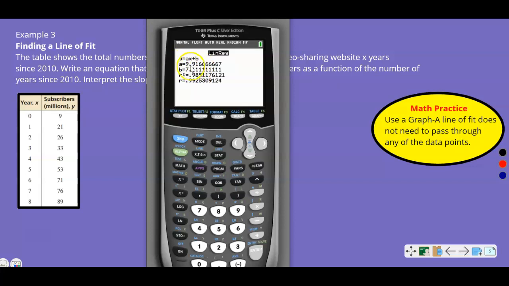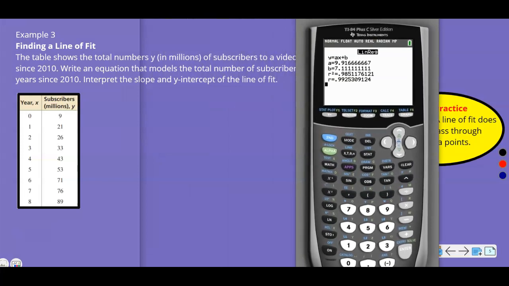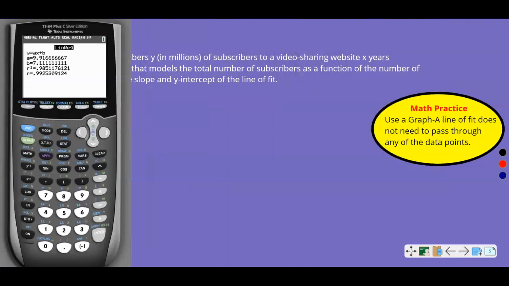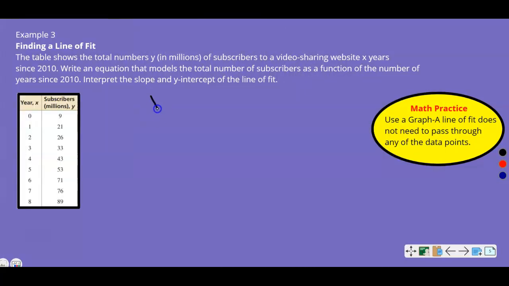You could round it to y equals 10x plus 7. This r shows you your correlation is very strong. The closer it is to 1, the stronger the correlation, meaning the line represents the points very well. So let's go ahead and write this down: y equals 10x plus 7.